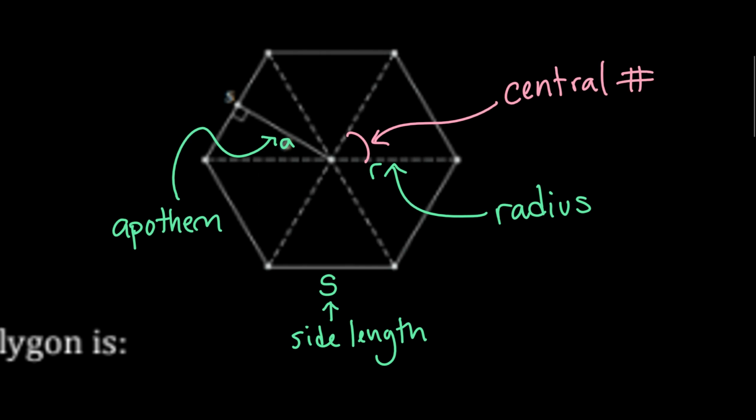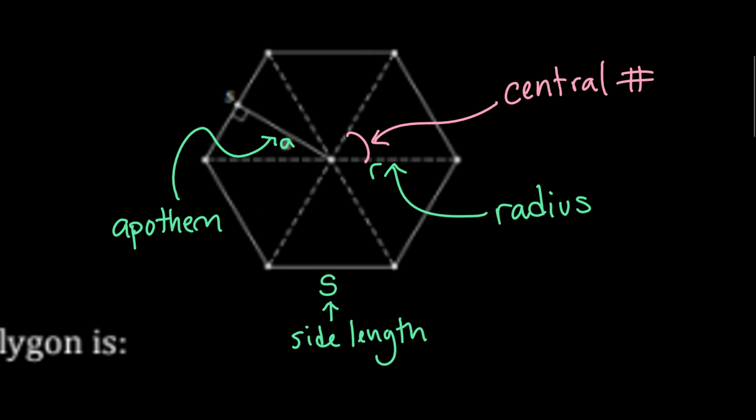So on this polygon, how many central angles do we have? 6, right? The same as the number of sides and apothems.